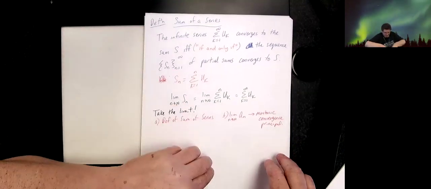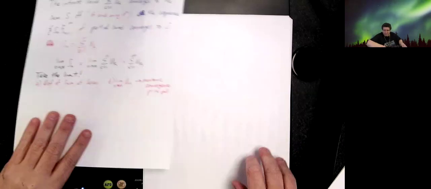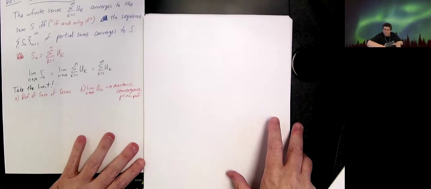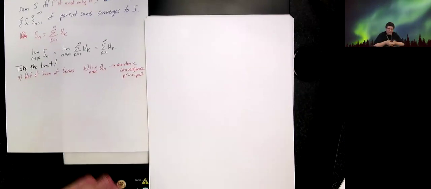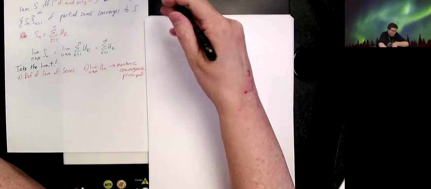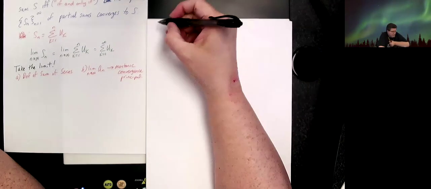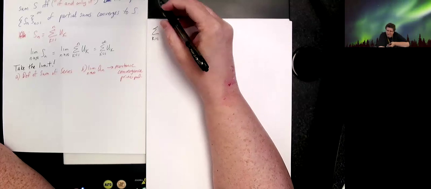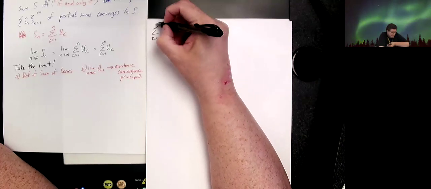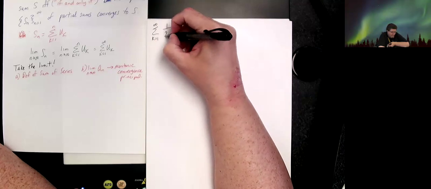So we're going to take a look at an example. Let's explore the sum, k equals 1 to infinity of 1 over 2 to the k power.